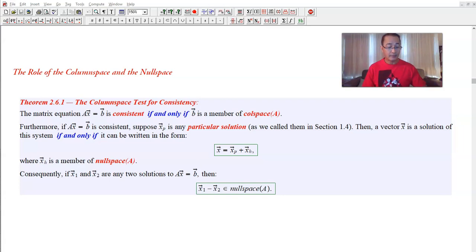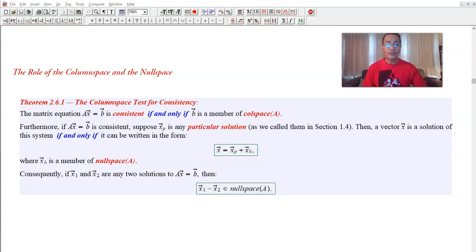Now when we see our example, we're going to see that we can separate the solution vector into an xp, a particular solution, and an xh, a member of the null space of A.